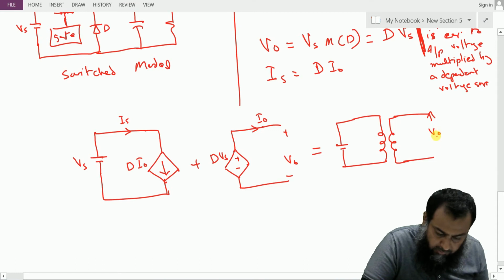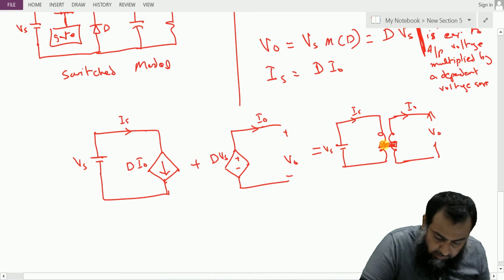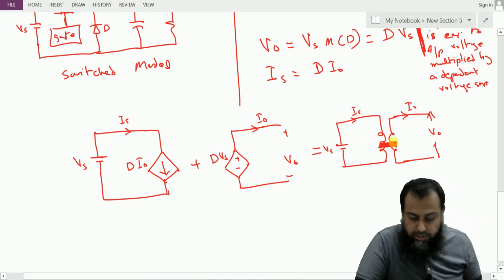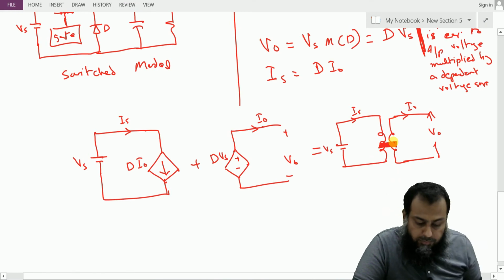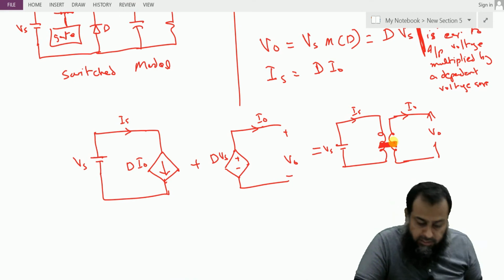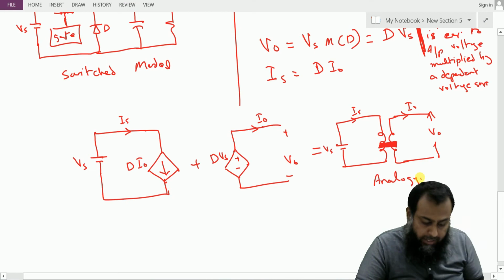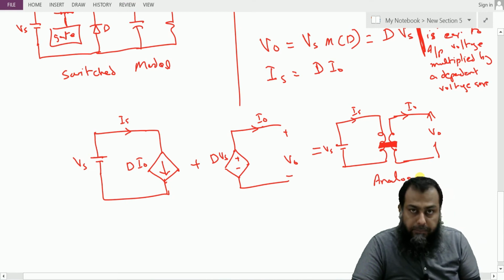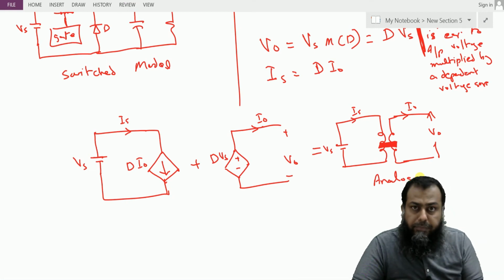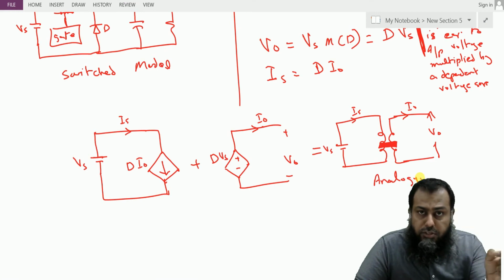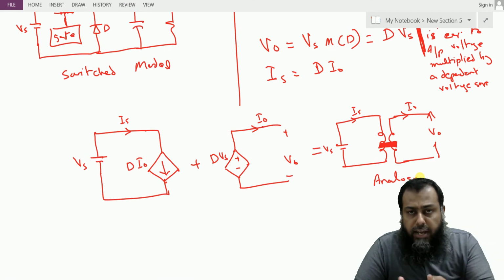Here we have this V naught, this is I naught, this is Is, this is Vs, and this solid bar shows that this is actually a DC transformer which is capable of transferring the DC from the input to the output. And this is just an analogy. So based on this concept, we can model a converter using the dependent voltage source and the dependent current source, using the analogy of a transformer.